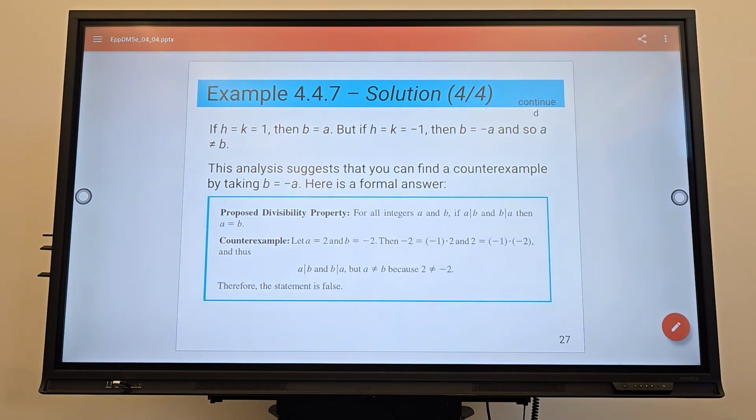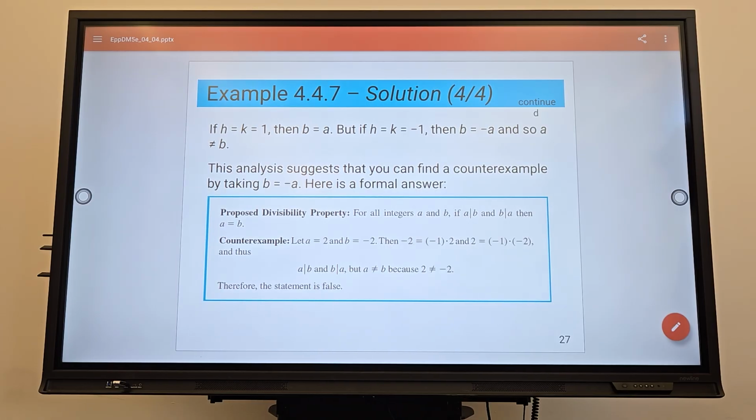If H and K are equal to 1, then B does equal A. If H and K equal minus 1, then B equals minus A, and so A does not equal B, showing the falsity of the statement.